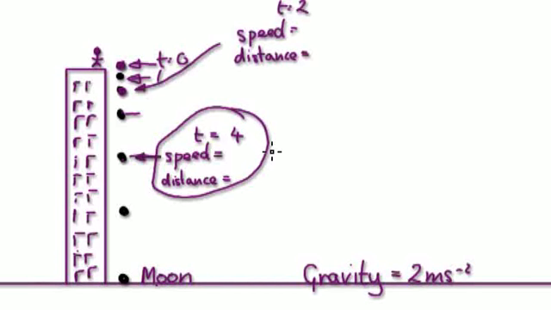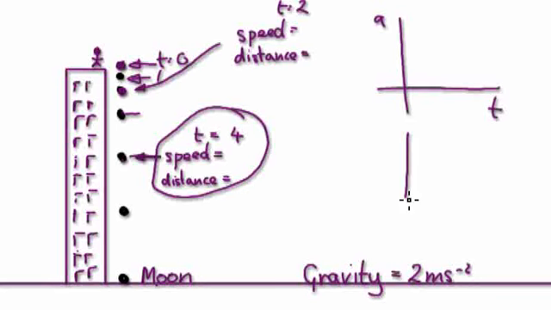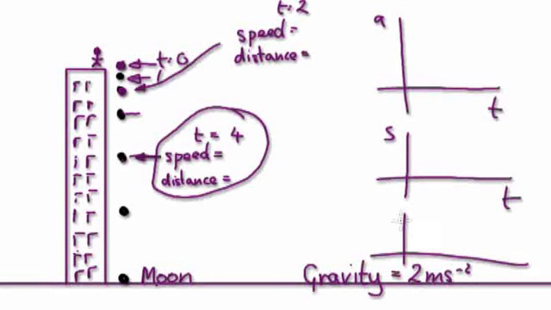Now I want you to draw the acceleration time graph for the cannonball, and the speed time graph, and the distance time graph for the cannonball here. So the acceleration will look something like this.